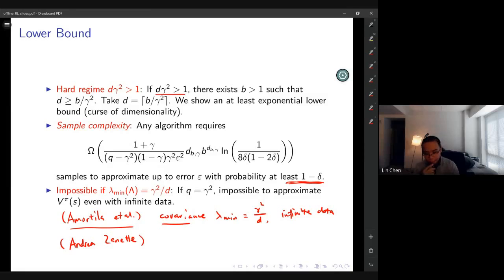But I compared the lower bound in this paper and the lower bound in his paper, and I see that sometimes my lower bound is better, and sometimes his lower bound is better. So I would like to mention here a very recent work by Andrea here.